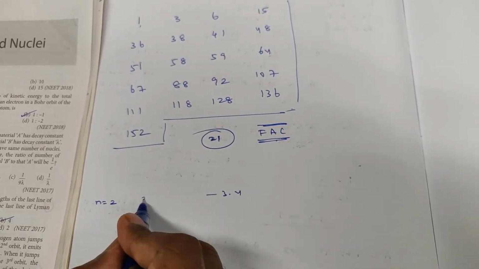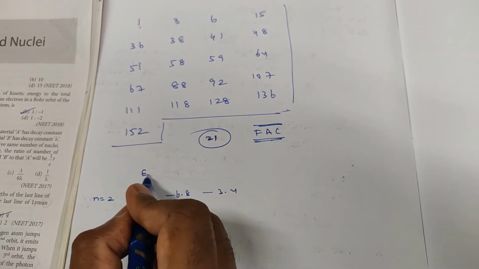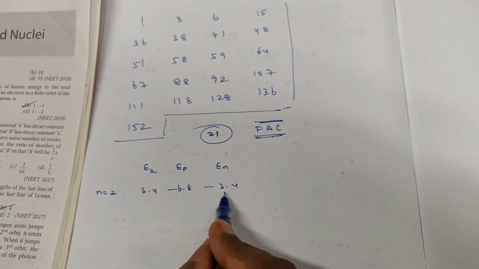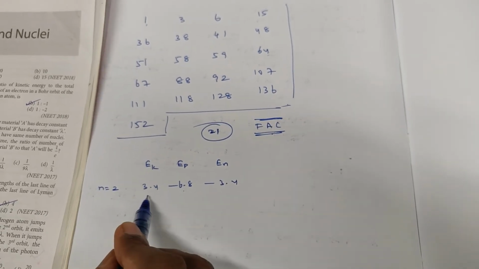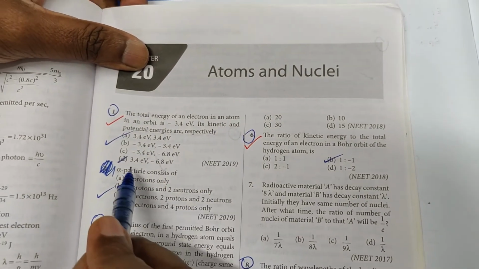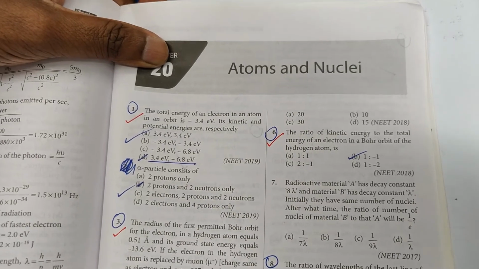Kinetic energy is plus 3.4, potential energy minus 6.8. You understand? Kinetic, potential and total: if you add them, the total should come. This is minus x plus x minus 2x. So the answer, kinetic energy 3.4, potential energy minus 6.8, is in option D.